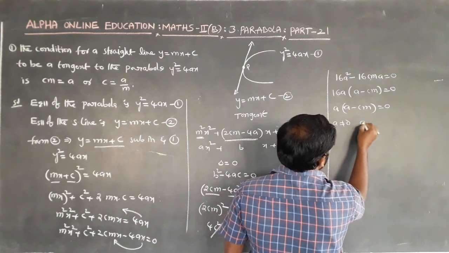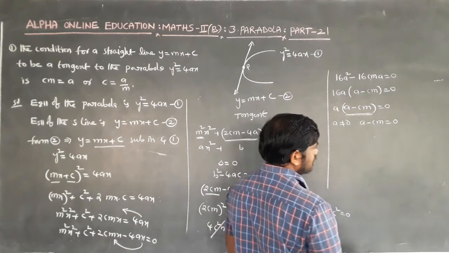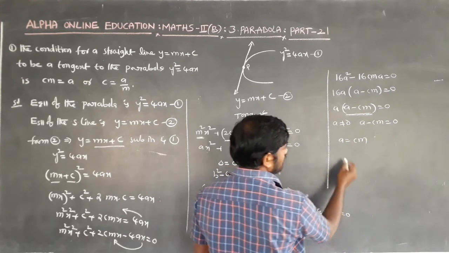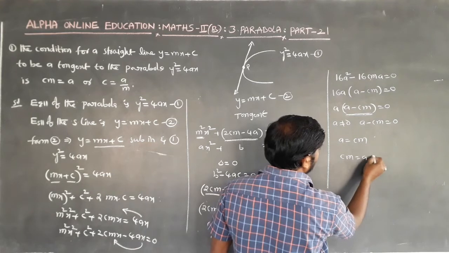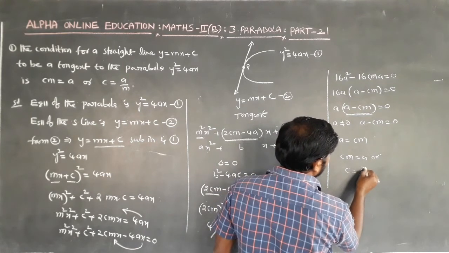Here a is not equal to 0, so a − cm = 0. So a = cm, or cm = a, or c = a/m.